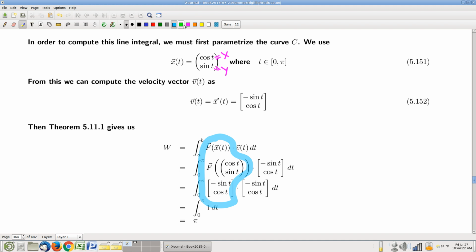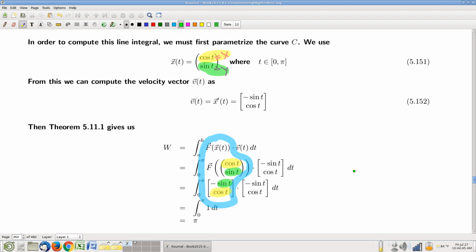Let's see here. So x is cosine t, and y is sine t. So negative y comma x is the vector field. Everybody see what happened there? Do be careful. We're taking this formula and plugging into that formula.